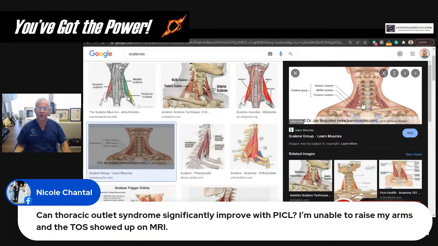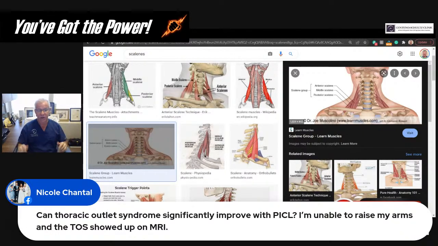So in the same way, we've got these scalene muscles that attach into the ribs here and go up to the mast that is the neck. Now, if I've got too much instability up here, the first thing that's going to happen is that the muscles that can provide stability that aren't supposed to are going to jump in, and they're going to try to help stabilize. And so frequently that's the scalenes.